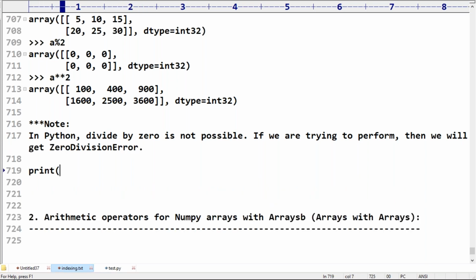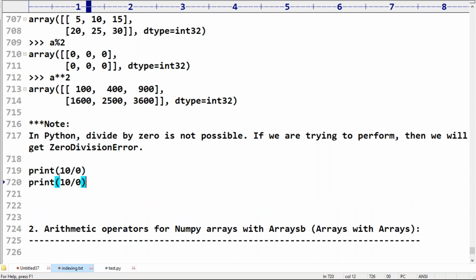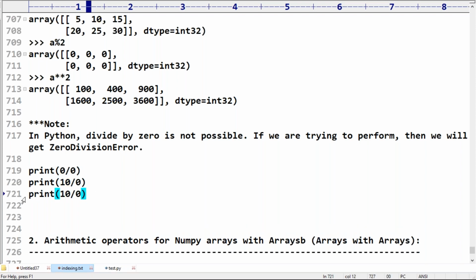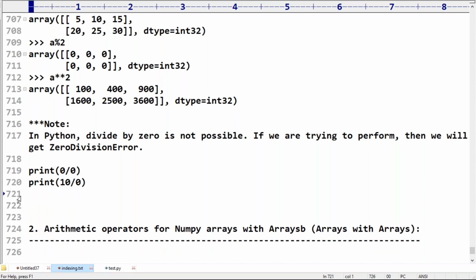Now I will print 10 by 0, and also 0 by 0. Whether I take 0 by 0 or 10 by 0, anywhere a ZeroDivisionError is there. By default we are going to get a ZeroDivisionError: division by 0.